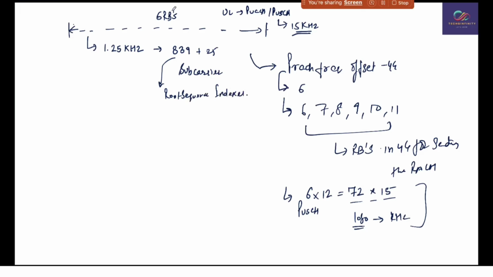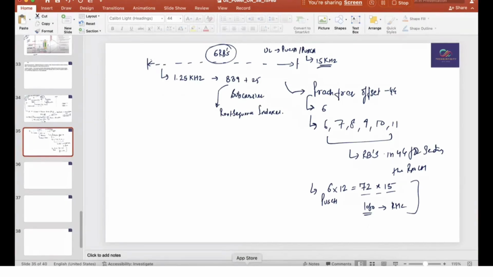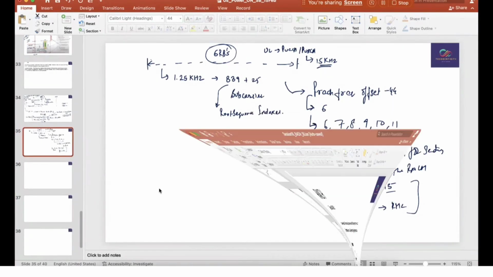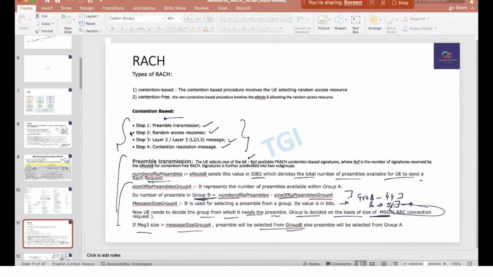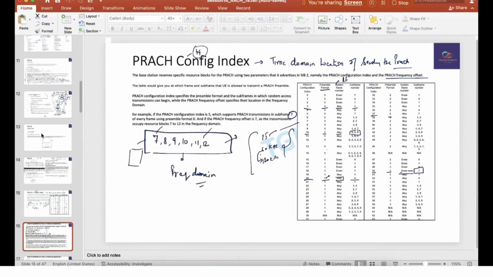But in 5G, this is not constrained to 6 RBs. I can explain it; just give me a second, let me open my slides.